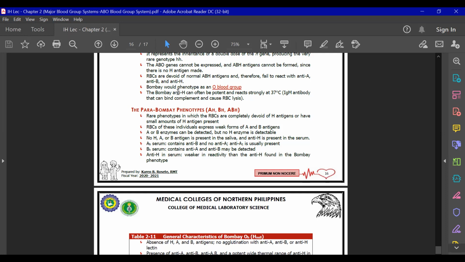Why? Why can't we transfuse group O to them? We said individuals having Bombay phenotype are typed as group O. They are type O. So why is it that their donors must be individuals who also have the Bombay phenotype? Why not group O? Why?